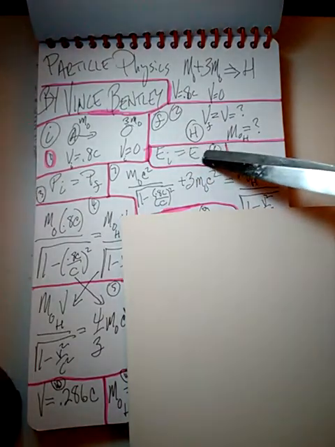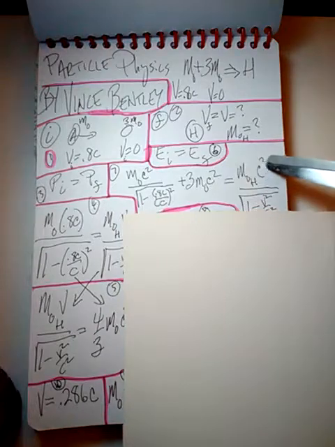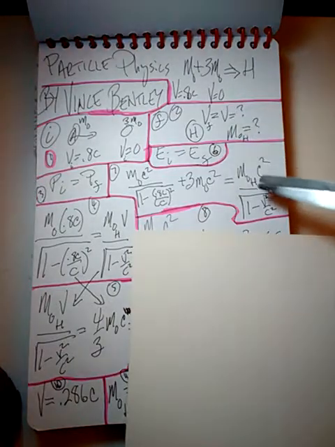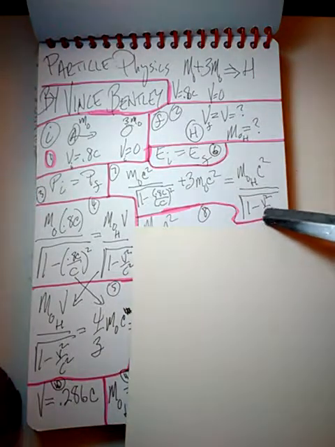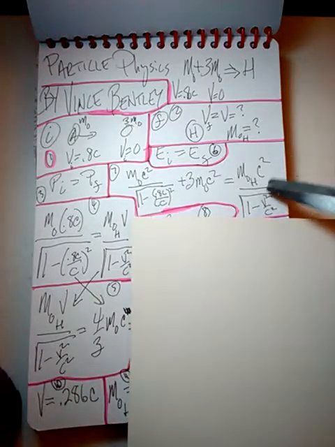And the final energy of Mr. H will, of course, be the rest mass of Mr. H, c squared, divided by the square root of 1 minus the velocity of Mr. H squared divided by c squared, neither of which we know, and we're trying to figure out what they are.